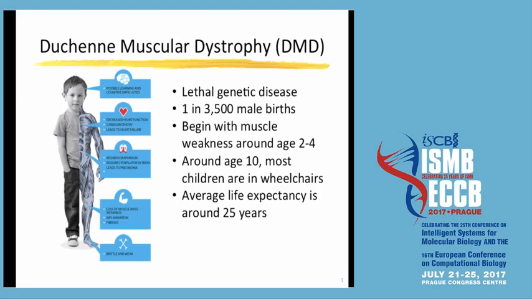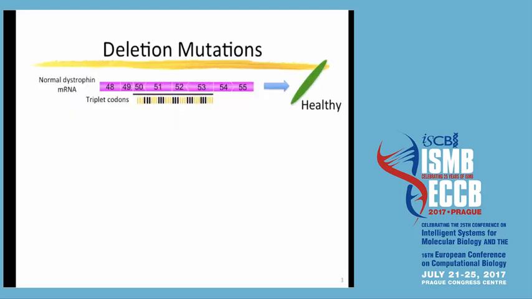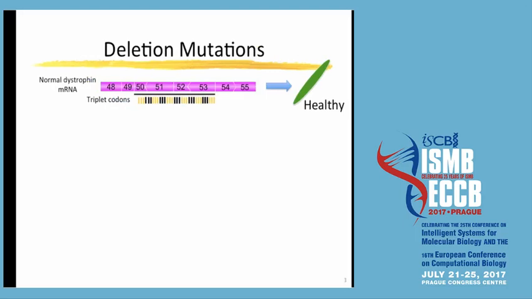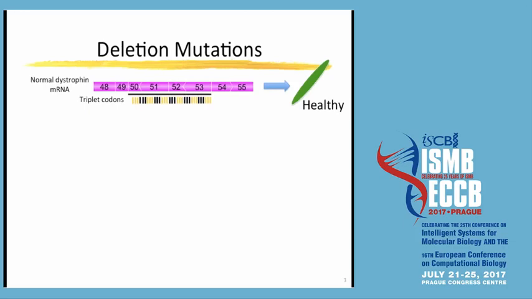On the top, you can see exons of the DMD gene from exon 48 to 55. In the majority of DMD patients, a deletion mutation on any of these exons causes the severity of the disease.